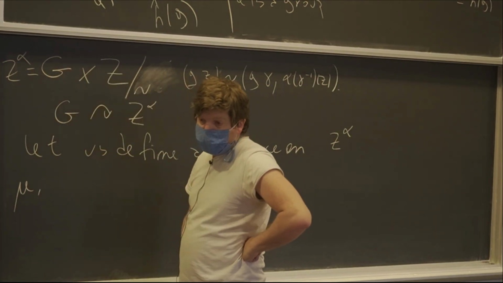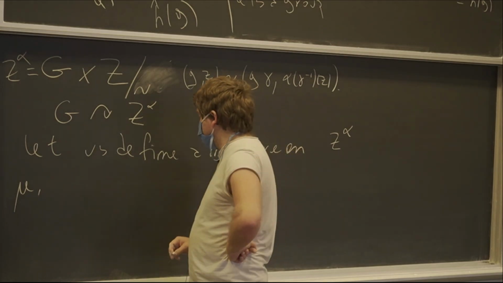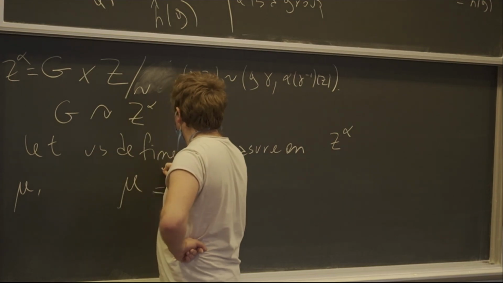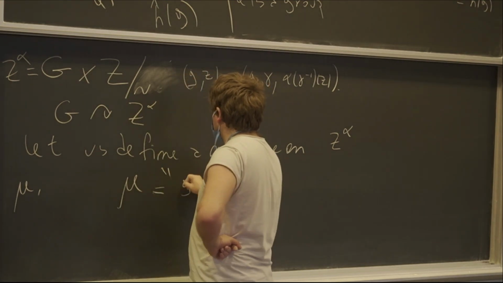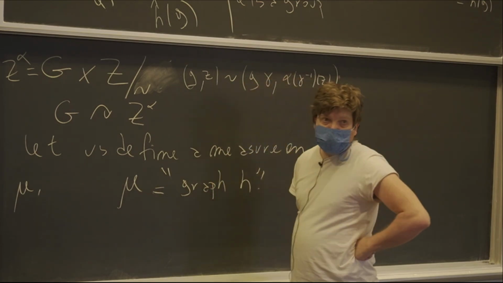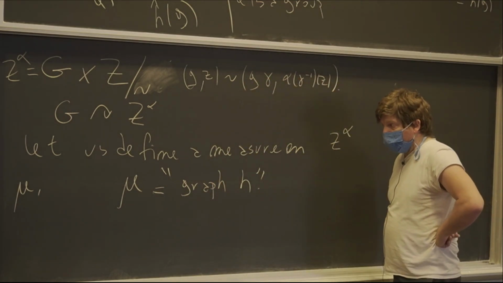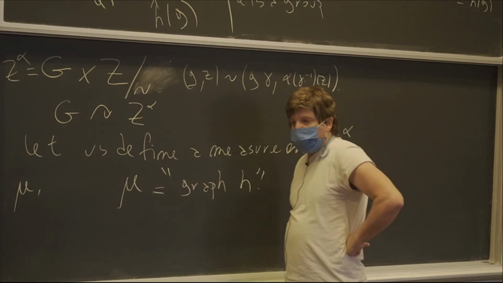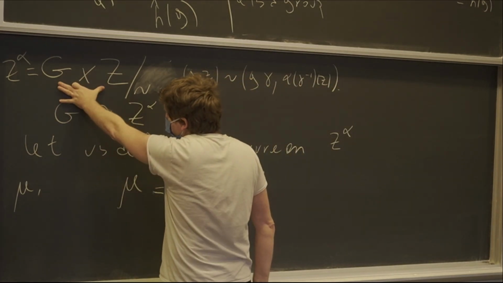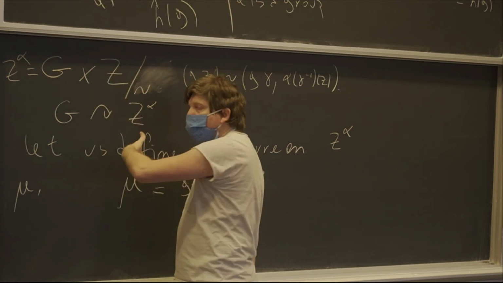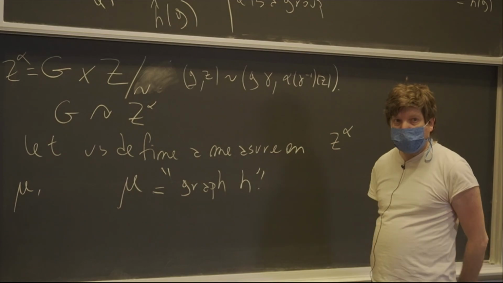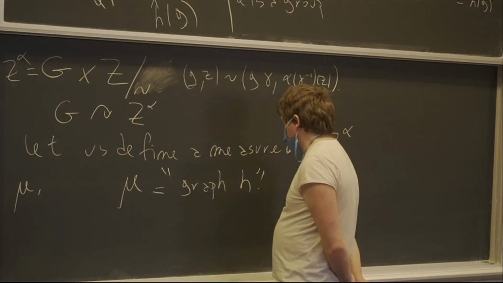And actually it will be a p-invariant measure, and this measure mu is the graph of H. That's essentially what the measure mu is. But then I have to make it clear, actually it's the graph of H hat in G mod Z, sent to the quotient. That's what it is, and then it's a very well defined object.